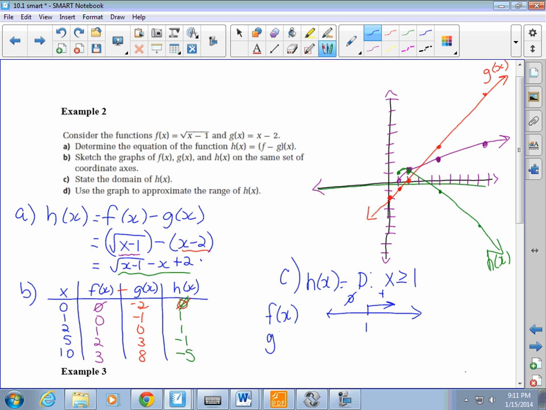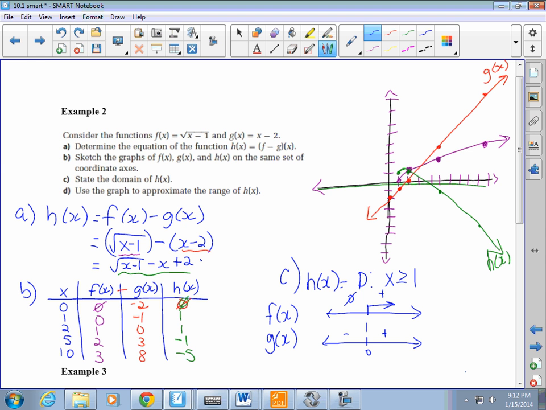My g of x then, if I take a look at that graph, g of x, I could have used everything. So it gives me positive values there, and to the right of my 0, I would have had negative values. So when I look at this, I have to say, okay, which parts did they have positives in common?